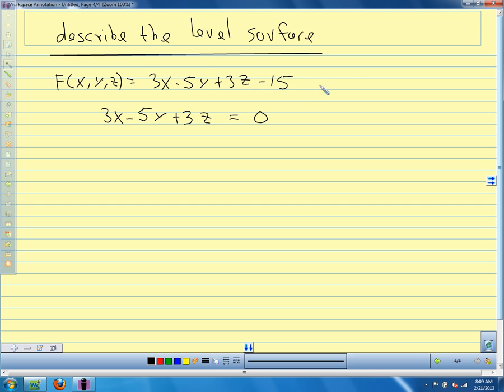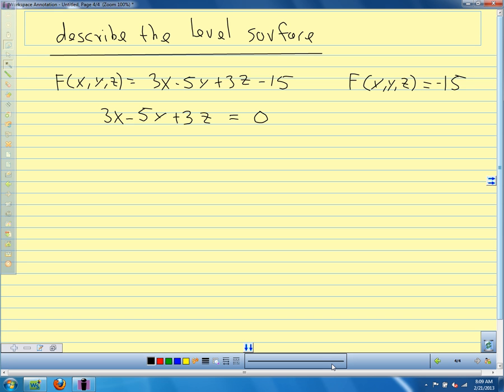So we're saying f of x, y, z equals, let's say, negative 15. There we go. Set it equal to negative 15. Then we get 0. Doesn't matter what constant we use.